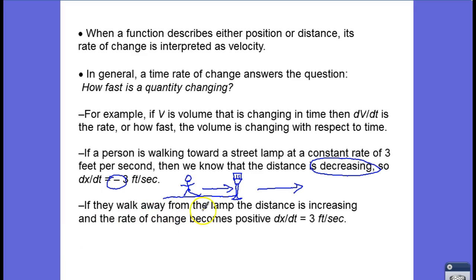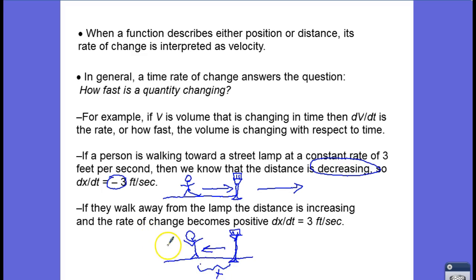Now, if they walk away from the lamp, the distance is increasing. So same situation here. In this case, notice that as the person walks away from the lamp, the x value, the distance between them, is increasing. And so that increase corresponds to a positive rate change.